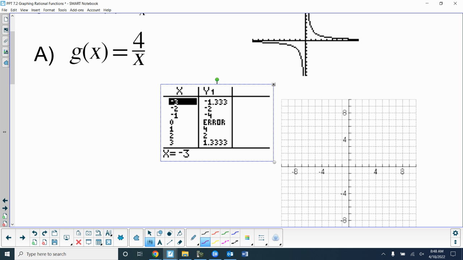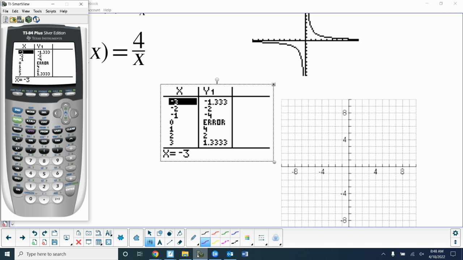Okay, hit zoom 6. Oh, when you're looking at a table, you mean? Yeah. Okay. If your table numbers aren't giving you those right around 0, you can do this. Watch. If you look above window, it says table set. Window's right next to y equals. So hit second window, and you can start your table at whatever number you want. If you want to start it at -3 like mine is, that's just what's showing. And then hit enter. And then this little triangle in front of table, TBL, means what increments you're going on.